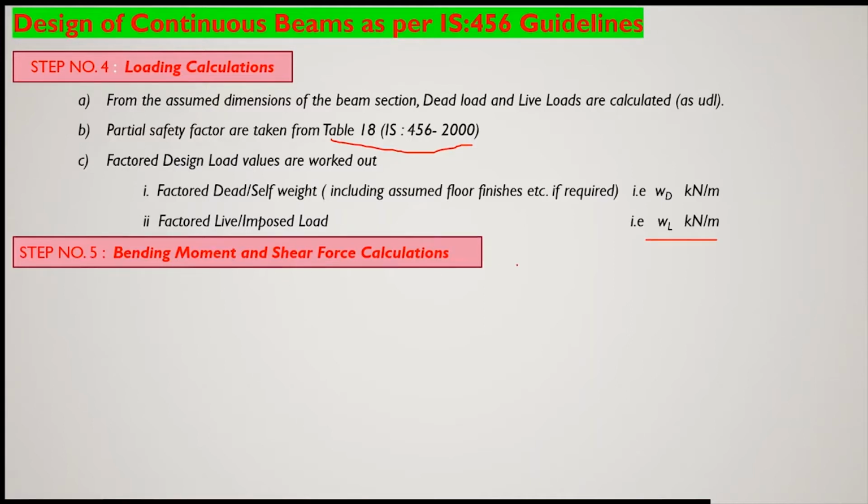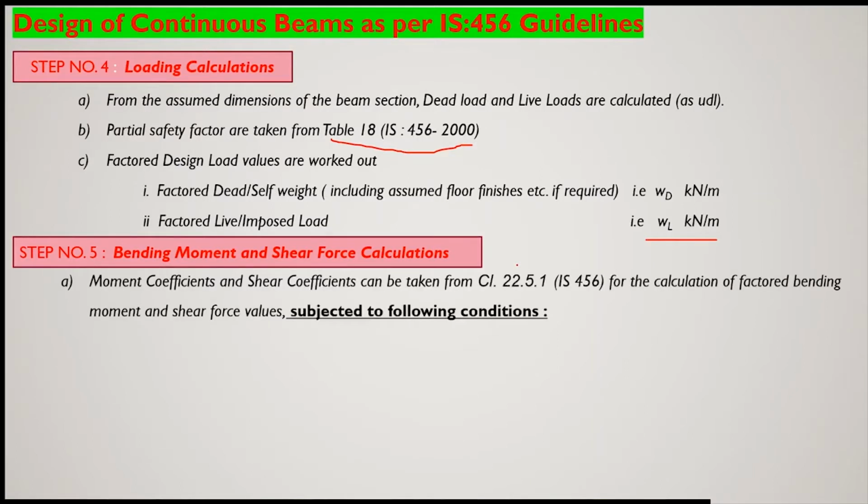But here, because the code is recommending an approximate method for bending moment and shear force calculations, some bending moment as well as shear force coefficients are given in the Indian Standard Code. They are known as moment coefficients and shear coefficients, which can be taken from clause 22.5.1 of IS 456 for the calculation of factored bending moment and shear force values.